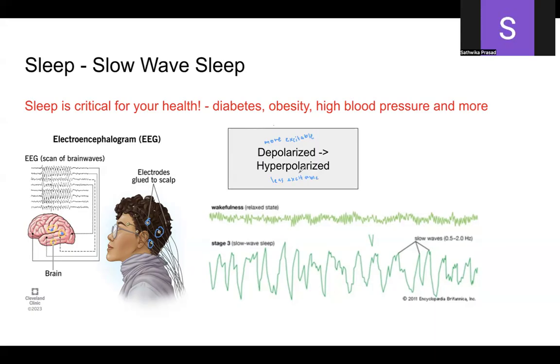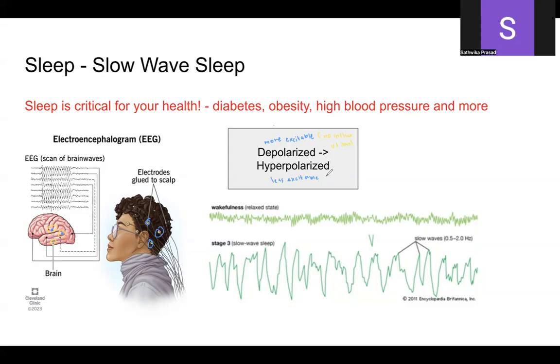So why that's important is because when you go from a more excitable state, or when your neuron is depolarized or it's ready to be polarized, that means that there's not an influx of ions, right? So right now the membrane is more negative than it is positive. So basically this is when there is no influx of ions, and it's ready to receive more input.